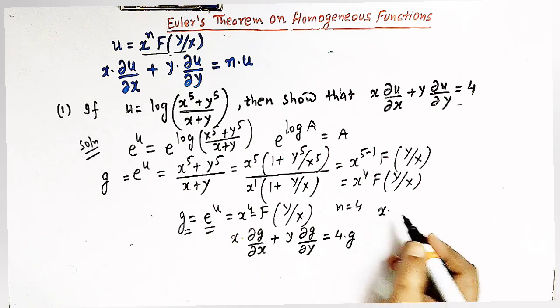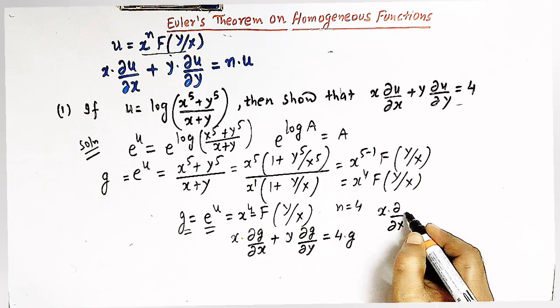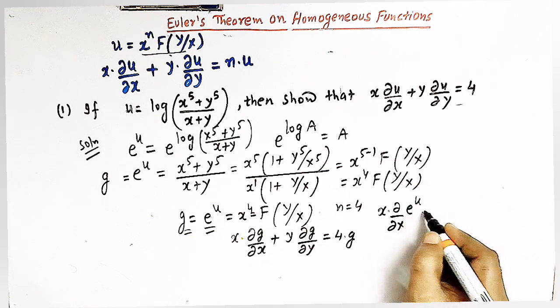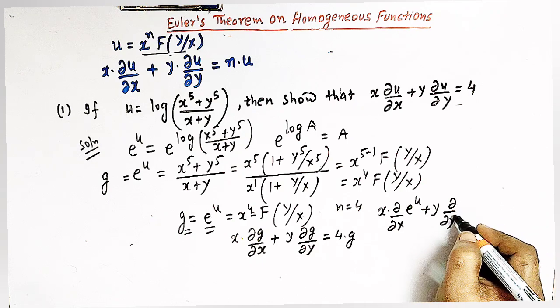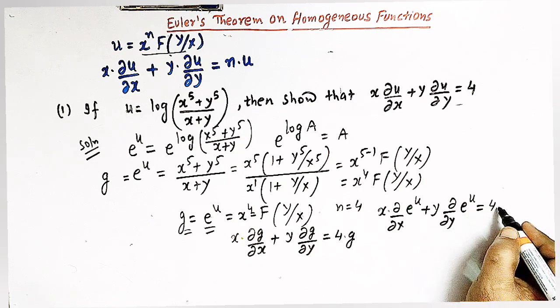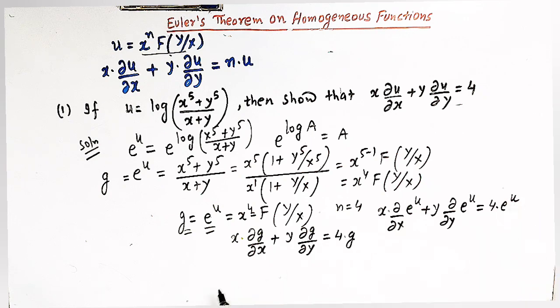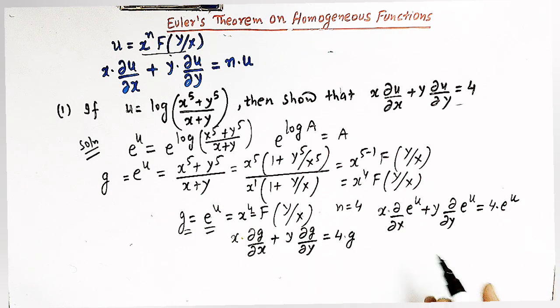So we have x times ∂/∂x of e^u, then we have y times ∂/∂y of e^u, and this is 4 times e^u. So substituting g is equal to e^u in this equation.